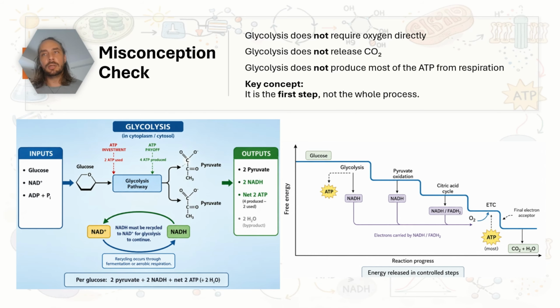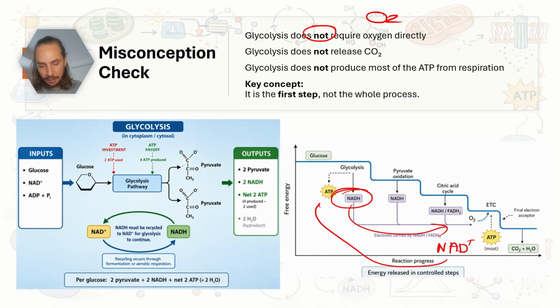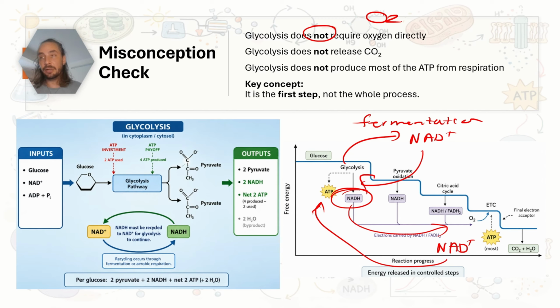So this is across life how cells start the breakdown of glucose. Now, just to make sure we understand glycolysis, it does not require oxygen directly, okay? What it needs is to be able to recycle this NADH molecule, either by sending it to the electron transport chain, where it's reduced and it can return back to glycolysis, or with fermentation, meaning we are using a process called fermentation to recycle these molecules so they can be sent back to glycolysis.